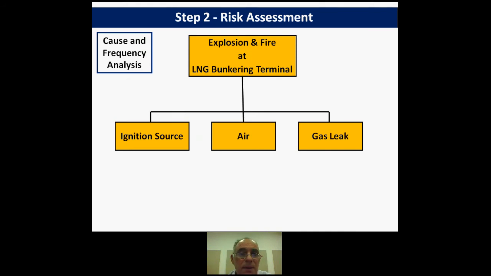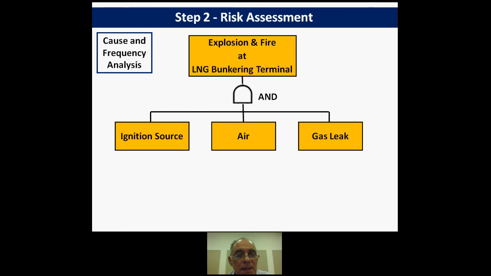Of course, in order to have explosion and fire, you need to have air around. You have to have some sort of fuel present as well. So in that case, we're looking for a gas leak.